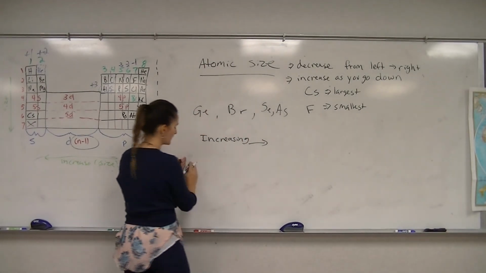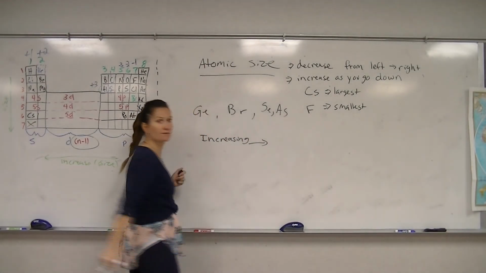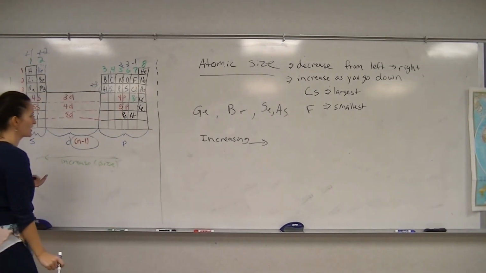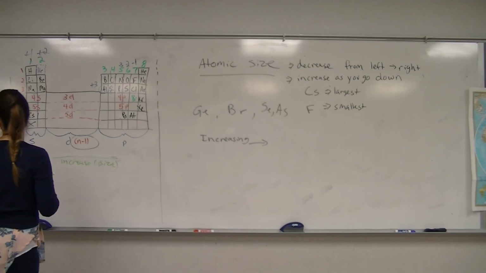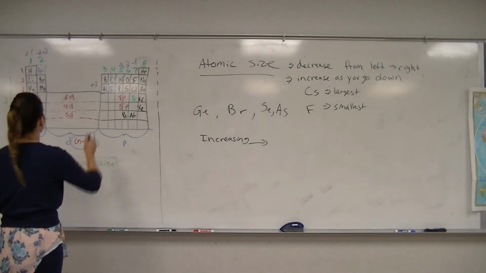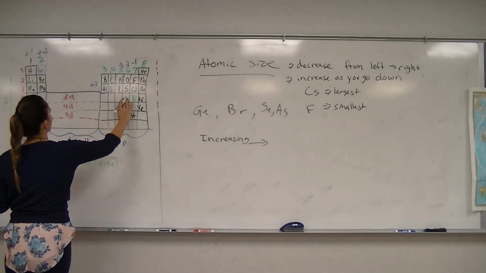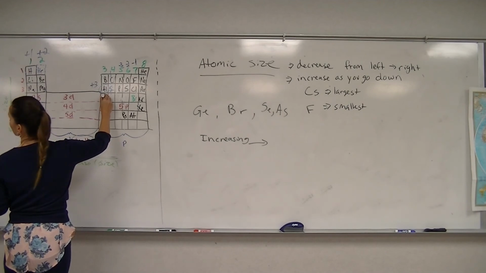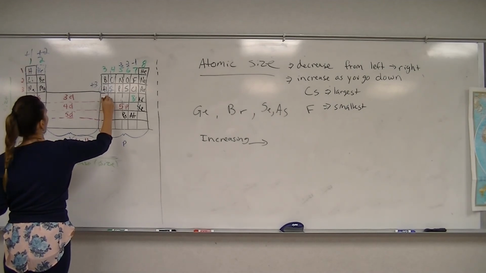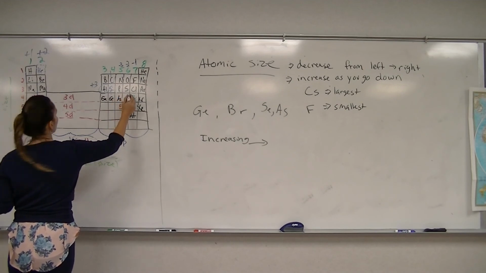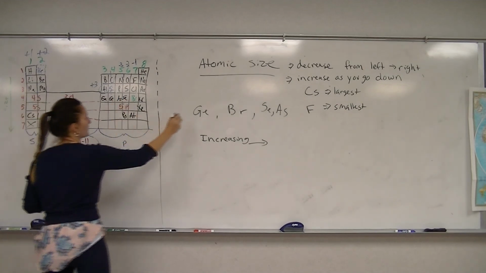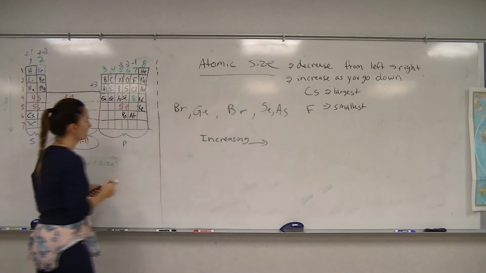So that means I want smallest to largest, okay? So what's my smallest out of that group? Well, you would have to look at your periodic table. And we're looking at period 4, and this is gallium, germanium, arsenic, selenium. Might as well throw bromine in there too, why not?